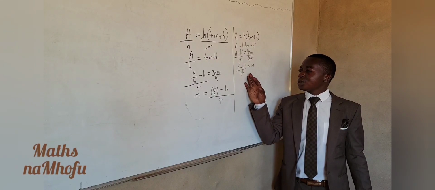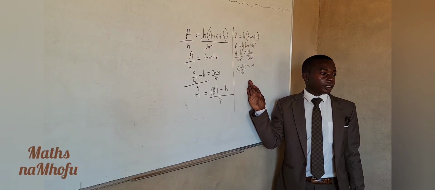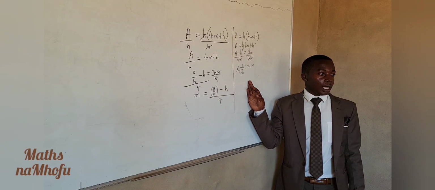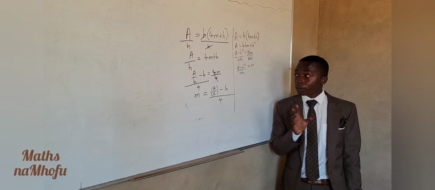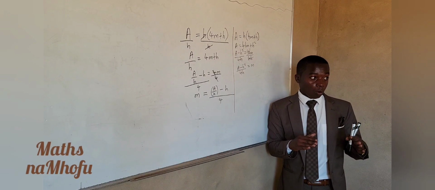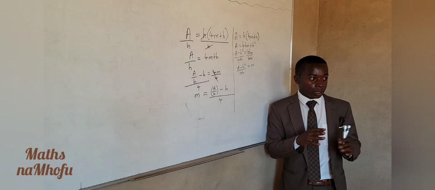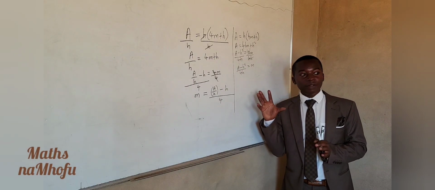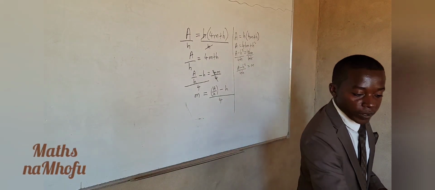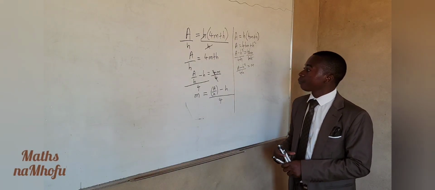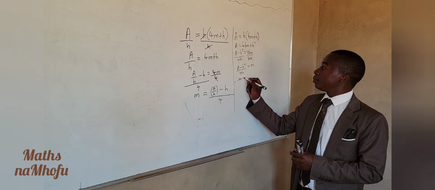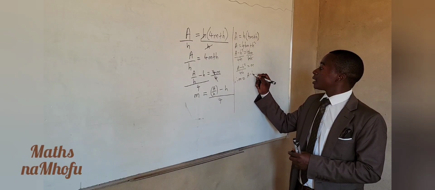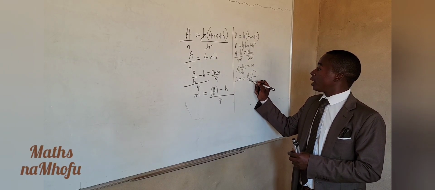But it's not yet complete at this stage. Are we together? In a case that you are having challenges, or maybe you are out of time, or you think that if you try to complete it, you might not get things right, you might leave it at this stage. But let us finish probably both of them. This is the same as M is equal to A minus H squared over 4H, right?